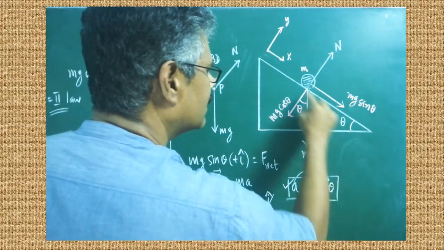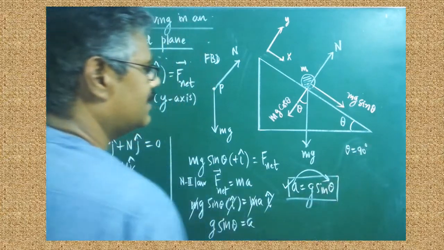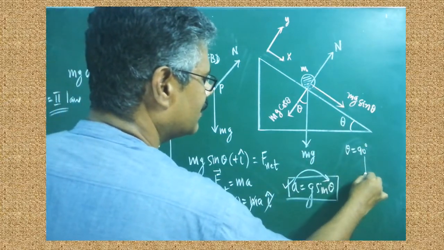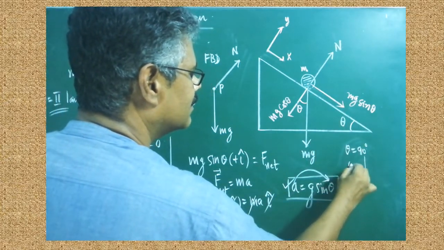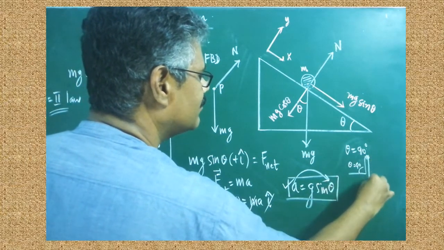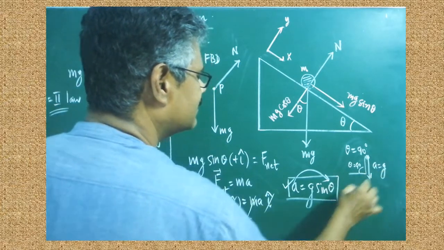Now look at this. This is the imagination. When theta becomes 90, what will happen? When theta becomes 90, how will the inclined plane be? It will be like this. The mass will be simply falling down due to gravity. Therefore a becomes g. Is it correct or not?